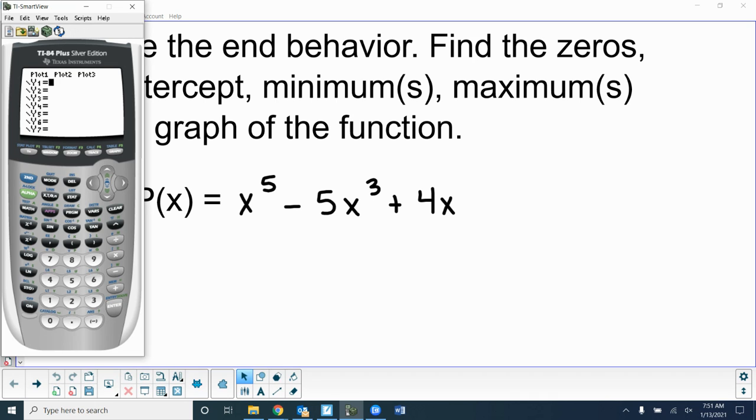All right, so we go to our y equals x to the fifth, oops, not times, minus 5x to the third plus 4x. See what it looks like.